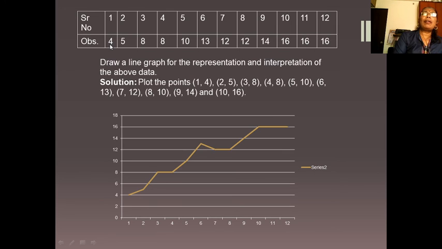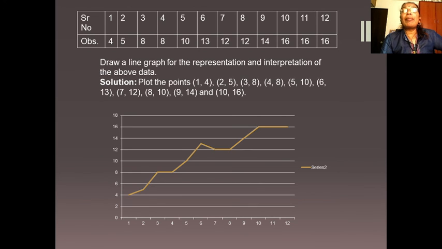For example, considering fruit productivity, plant 1 has 4, plant 2 has 5 kg, and plant 3 has 8 kg. These 12 plants are studied in an orchard or garden, and observations are made regarding flowers, fruits and yields.